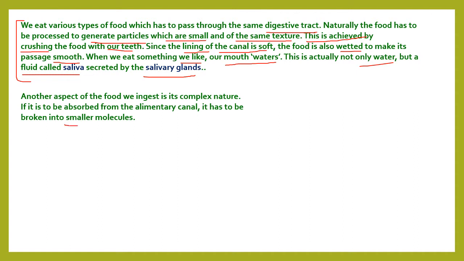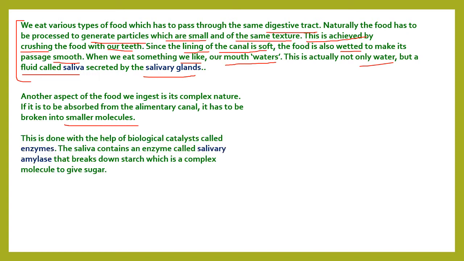So foods को smaller molecules में तोड़ लेना है. कैसे possible है? This is done with the help of biological catalyst. They are called enzymes. The saliva also contains an enzyme that is called salivary amylase, and that breaks down the starch, which is a complex molecule, to give sugar.